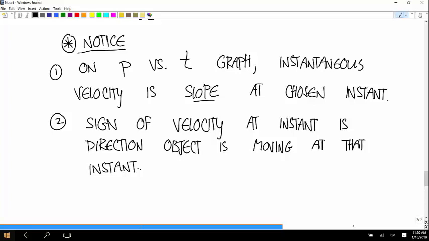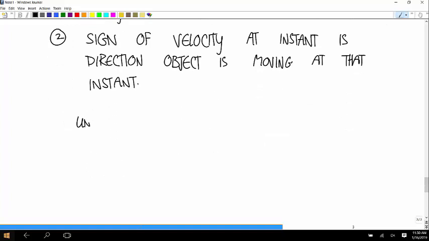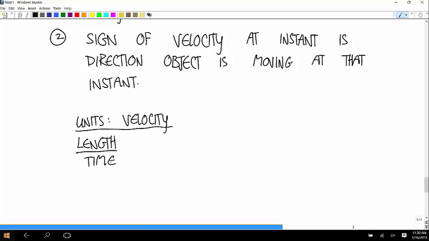Okay, so let's do an example. Oh, let me give you the units. So units for velocity always have to be length over time.